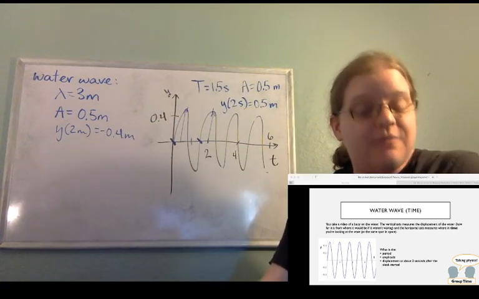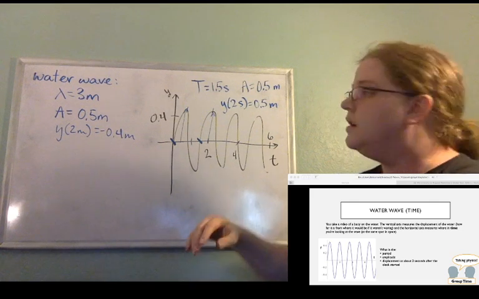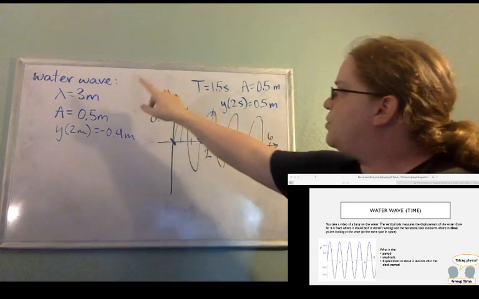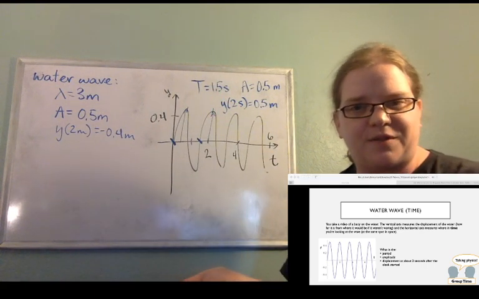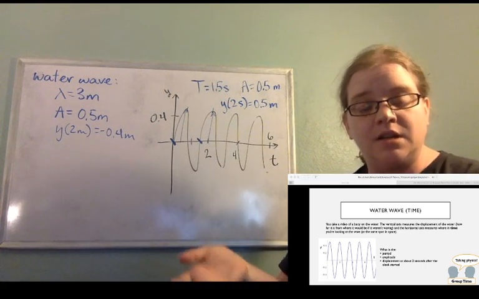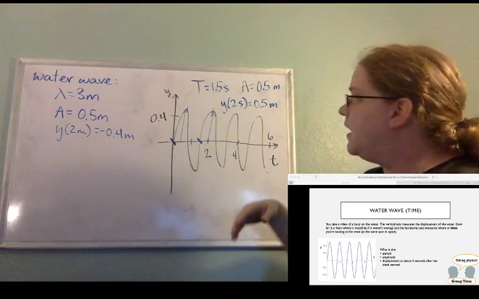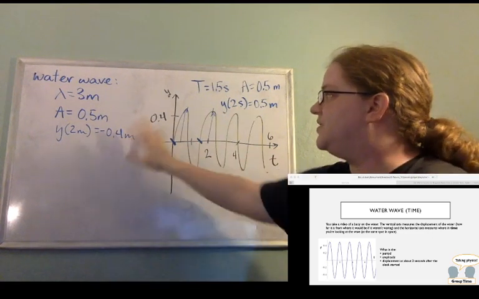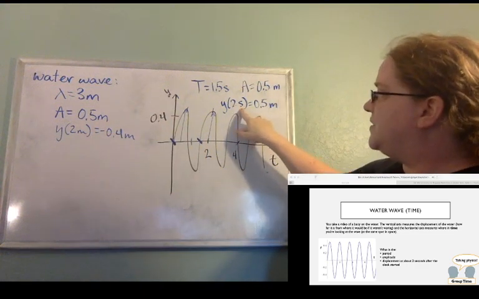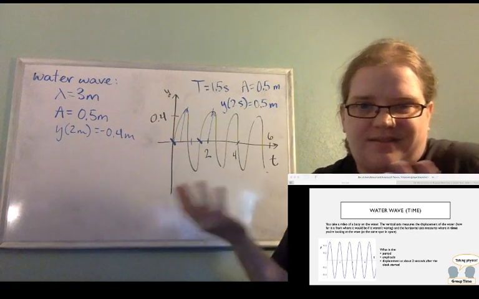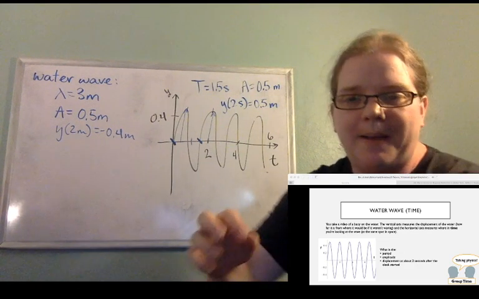It's the same wave, just different representations. My wavelength and my period have different values, but that's okay. They measure different things. One of them is measuring space. The other one is measuring time. And then same with my displacement. These are different because on one axis I have space, and on the other axis I have time, so they don't have to be the same, okay?